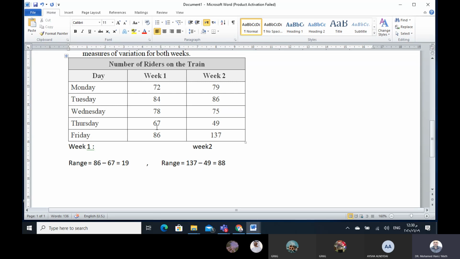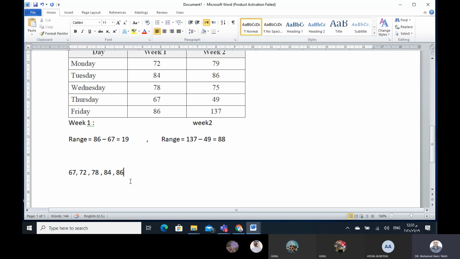The smallest number here is 67, then we have 72, then 78, then 84, then 86. Here 1 2 3 4 5, and here 1 2 3 4 5.